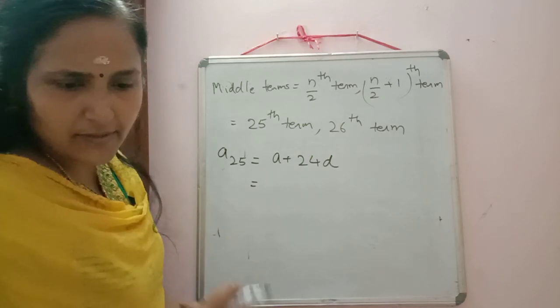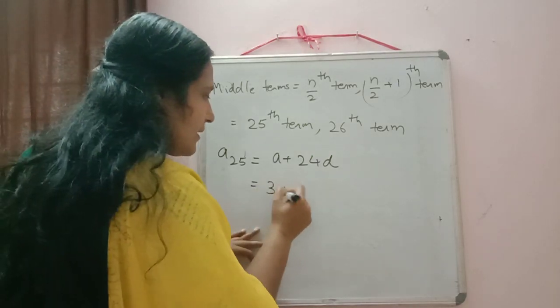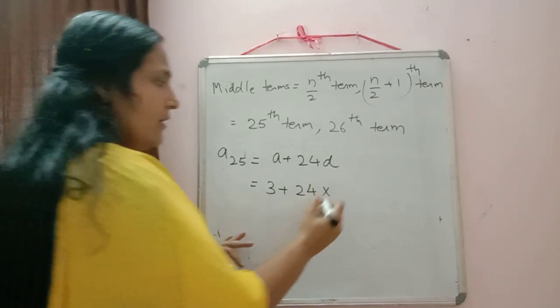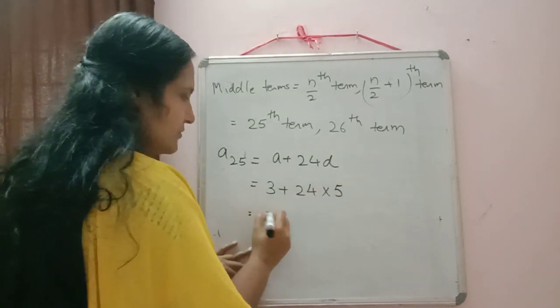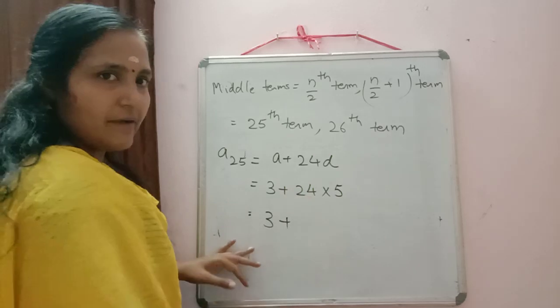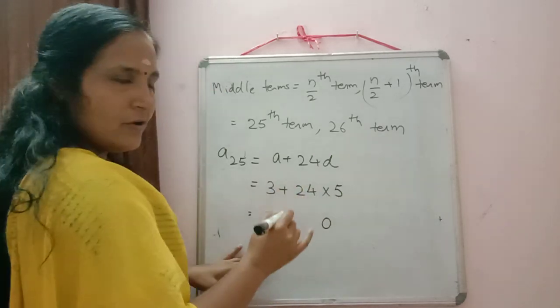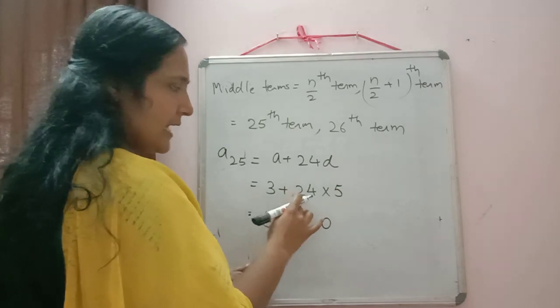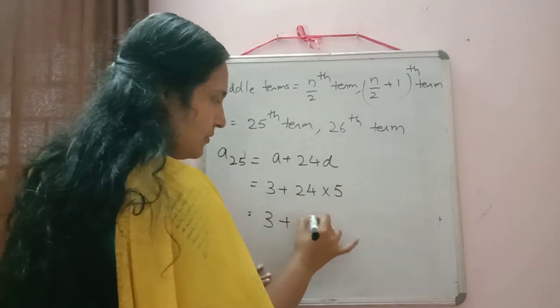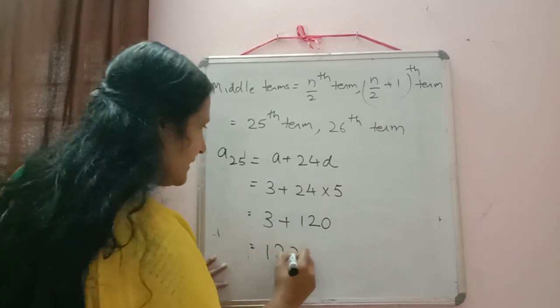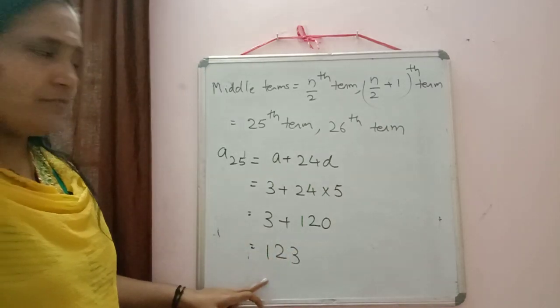Our a was equal to 3, plus 24 into the common difference, which was 5. So 3 plus 24 into 5, we are doing multiplication. 5 4s are 20, carry over 2, 5 2s are 10, plus 2, 12. So we are getting 123 as the 25th term.